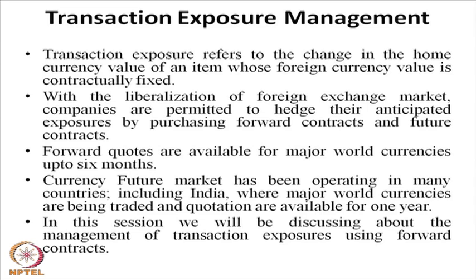Here the exporter or importer, whenever they export, they get foreign currency, in the form of US dollar or pound sterling or euro or Japanese yen. However, when they convert into domestic currency, the value of the domestic currency against the pound sterling, against the foreign currency fluctuates, and this fluctuation creates transaction exposure.